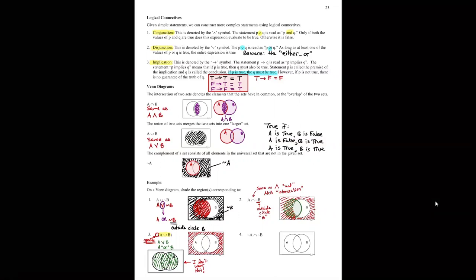Draw another diagram where we just focus on not A. I kind of regret shading this one in. I can just erase it. Let me get rid of all the shading in here.